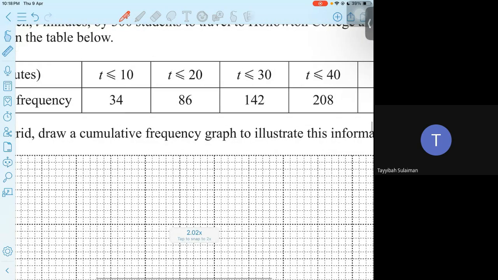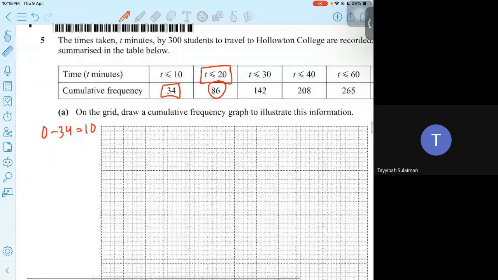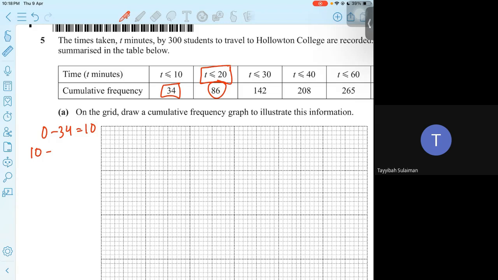So when I say that for t less than 10, I have 34, that means from 0 till 10, I have 34. When I say t less than 20 is 86, it does not mean 10 to 20 is 86. It means from 0 till 20, I have 86.